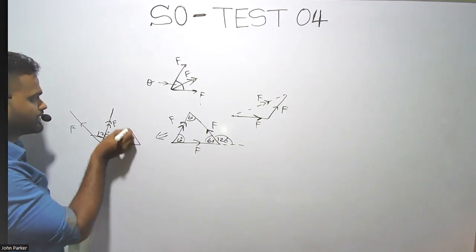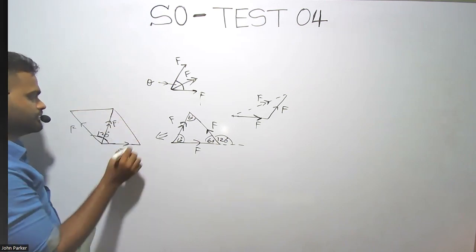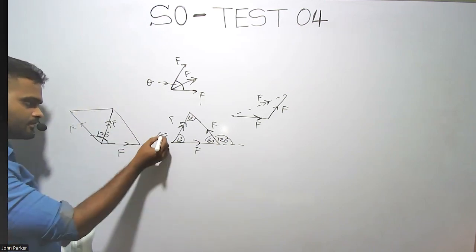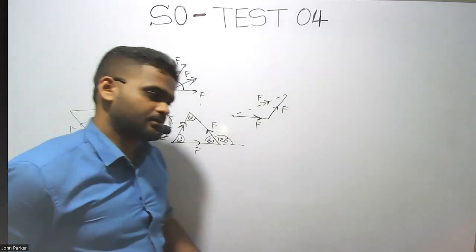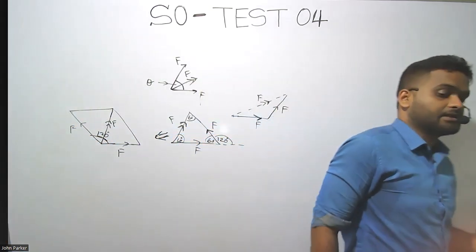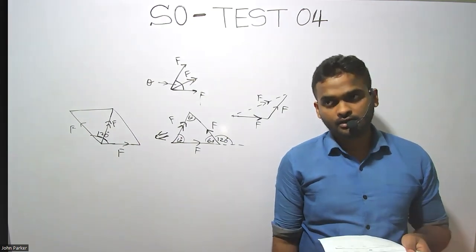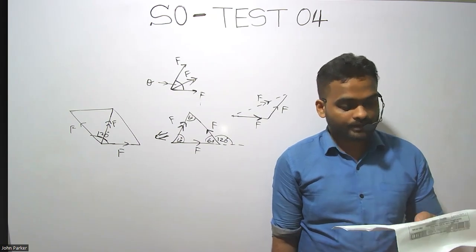Then if you want, you can complete the parallelogram as well. So this is a geometrical method. In the explanation sheet, you can download it below the video description. There's another method.